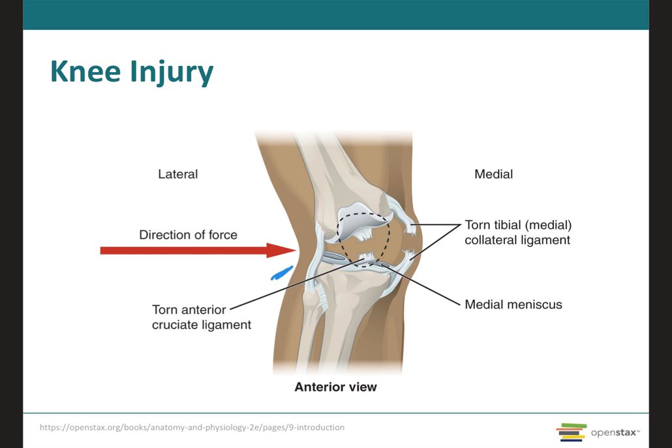The first thing that will occur is the tearing of the tibial collateral ligament, which is the ligament that runs from the femur to the tibia medially. Then it's going to cause damage to the medial meniscus right over here. And lastly, you're going to have the rupture of the anterior cruciate ligament.